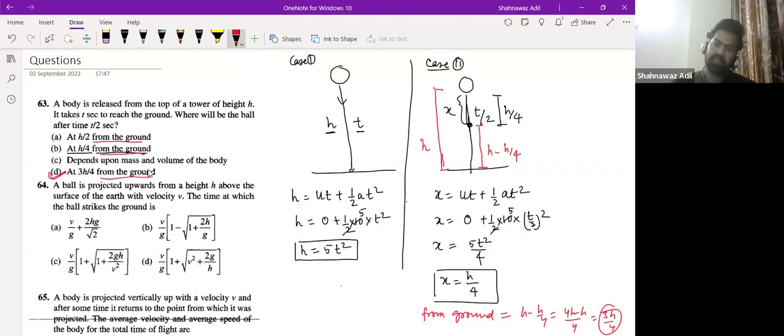Is it clear, Alia? Yes, sir. Okay, please note it down and then we'll do one or two questions more, and then we'll talk about relative velocity.